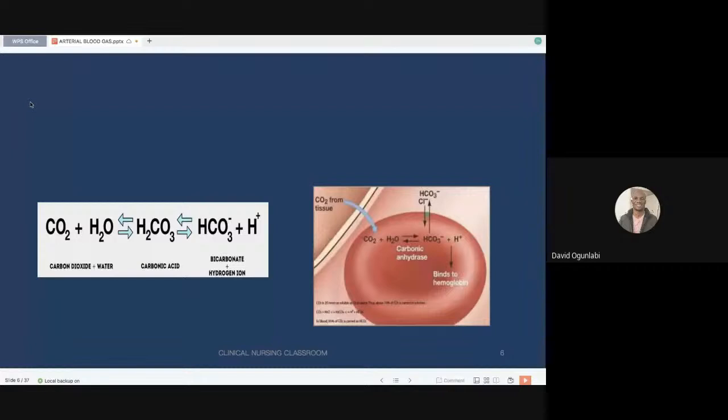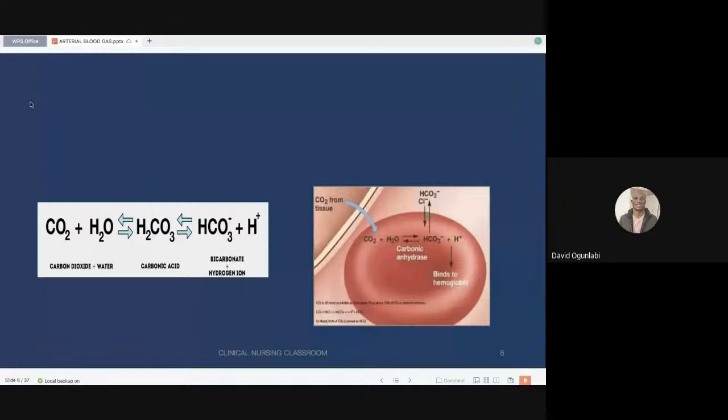So if a patient is having respiratory distress, for instance, and is not able to exhale CO2 from the body, and there is accumulation of CO2 in the blood, you can be sure that if you take the partial pressure of carbon dioxide in that blood, it will be high.